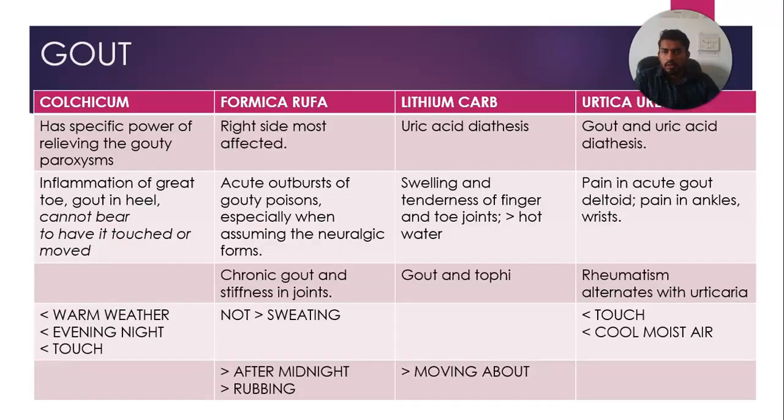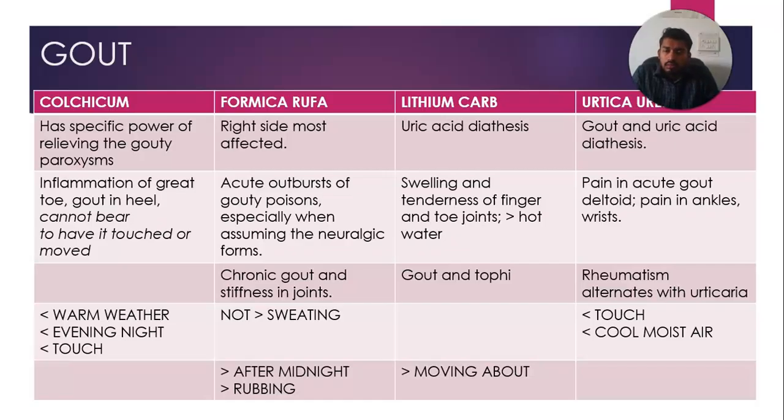In gout, again, colchicum, formica rufa, lithium carb, and urtica urens are indicated remedies. The modalities are mentioned. I am not going into detail. Here the basic thing you need to remember is colchicum. Touch aggravation is marked.